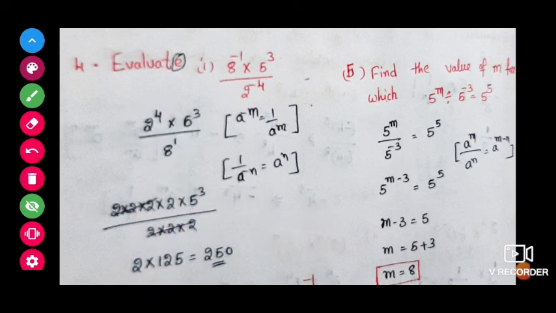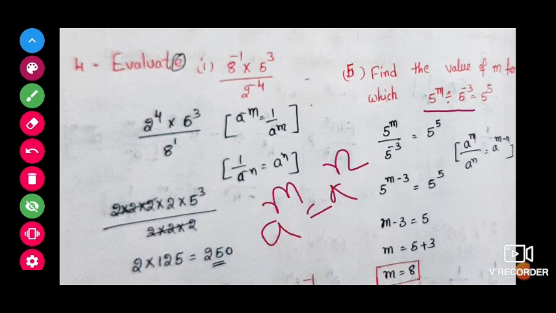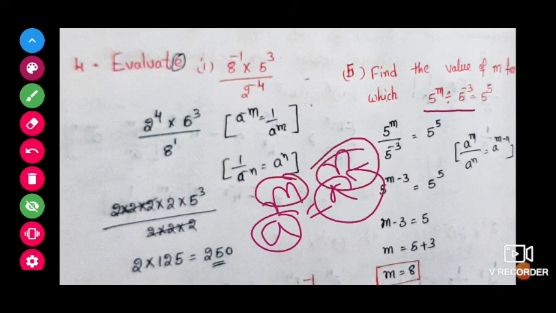Okay. Next, find the value of m for which 5 to the power m divided by 5 to the power minus 3 is equal to 5 to the power 5. Now, children, if we are having a to the power m is equal to a to the power n, if both the bases are same, then we can take the powers are equal.